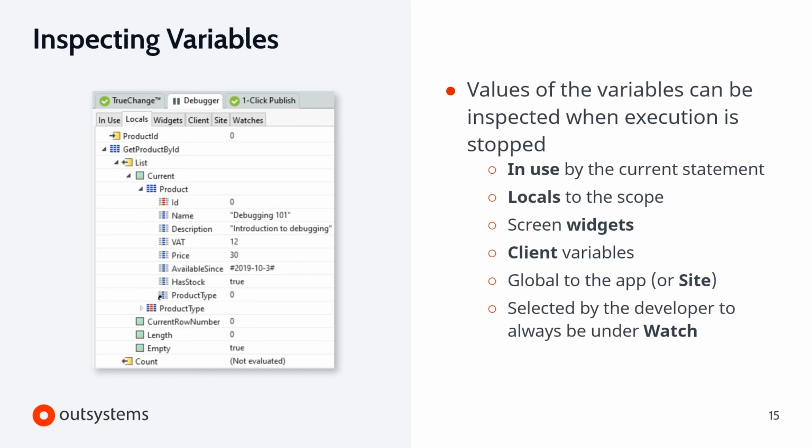We can also inspect client variables and site properties if they exist. Finally, there's the possibility to define watches over some variables, which can be accessed at all times, even if the execution is outside the scope of the variable. We can select a variable to be under watch when the debugger is on.